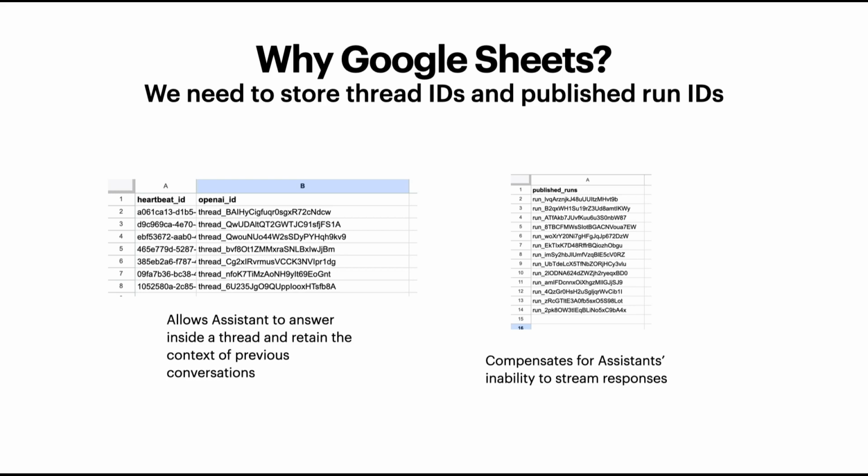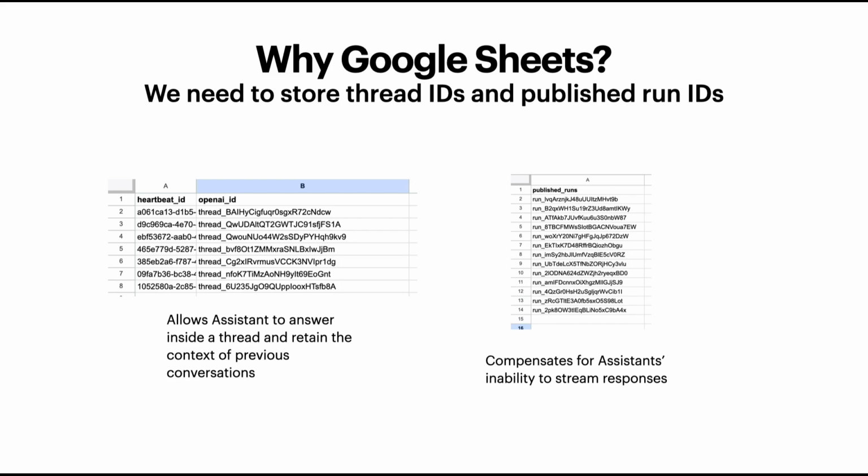Now, we could have skipped it and we could have just used a very rough integration where, whether it's a new thread in the channel or a comment with a mention, we will always start and run a new thread in OpenAI. But I think this would be a very sloppy integration, especially seeing as Heartbeat gives us a great way to organize conversations in threads, and seeing as OpenAI does the same with its Assistants API.